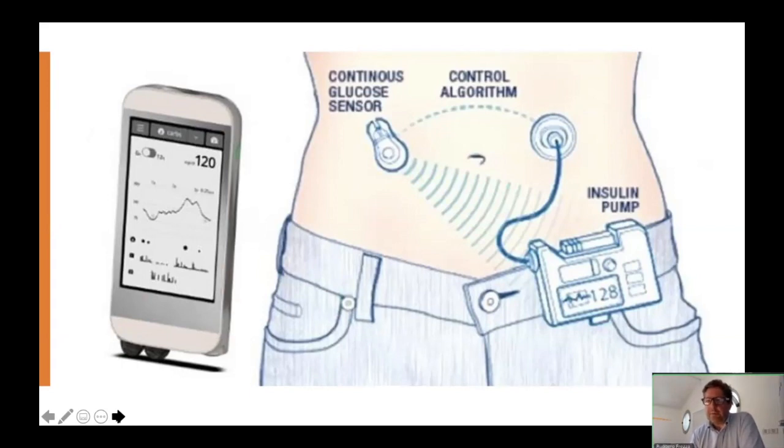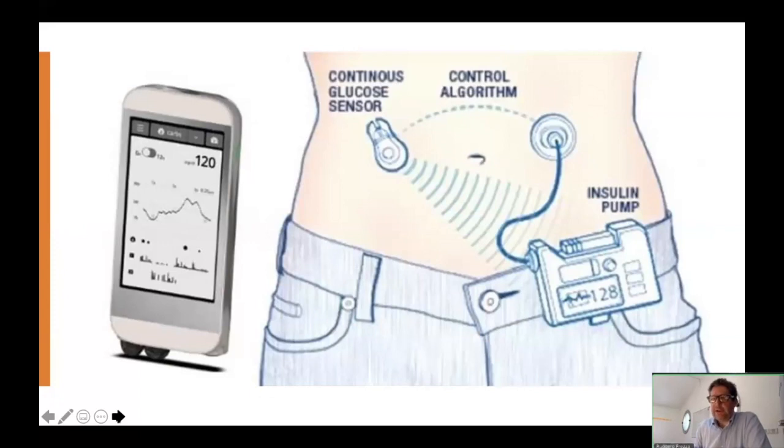Why is it an important trend in ICT and innovation? Because some companies were able to introduce the enabling technology, which is the continuous glucose sensor. It's a small wearable device that you can put on your body, usually in the arm, which measures continuously the level of glucose in your blood, and sends these measurements every 5 minutes to a pump, which is also connected through a needle to your body, and infuses insulin in real time.